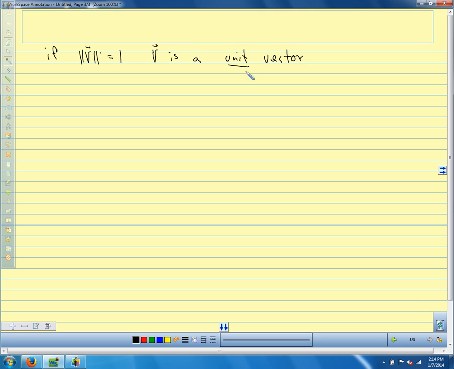And as you move forward, if you do more math, unit vectors are really important quantities when we talk about vectors. So if our magnitude is 1, we call v a unit vector, because our length is 1 unit. If our magnitude is 0, we call v the 0 vector.